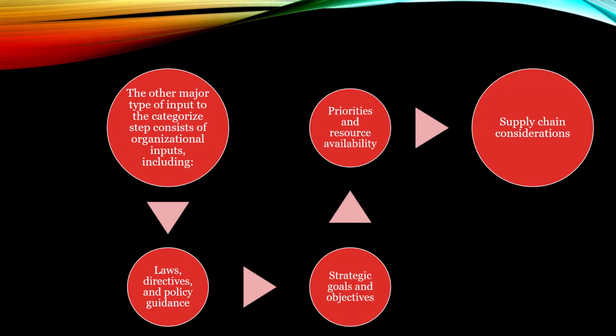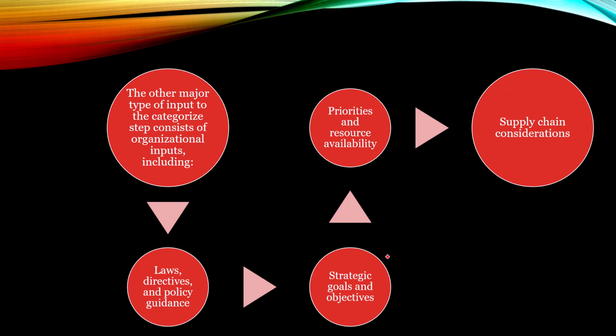So there are other major types of inputs for the categorization and organization of items. That includes things like laws, directives, policies, procedures, guidelines, guidance. That also includes things like strategic goals and objectives. So this is going to be based off of the organization.